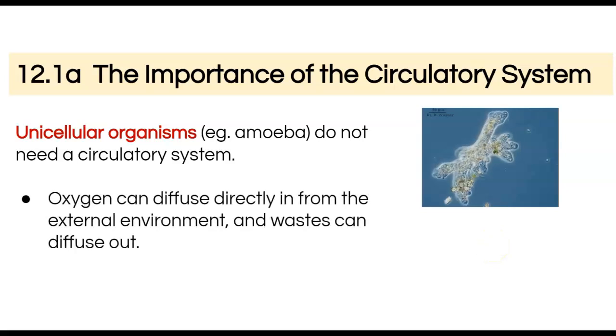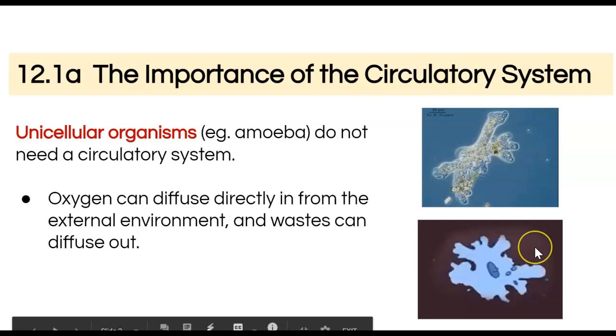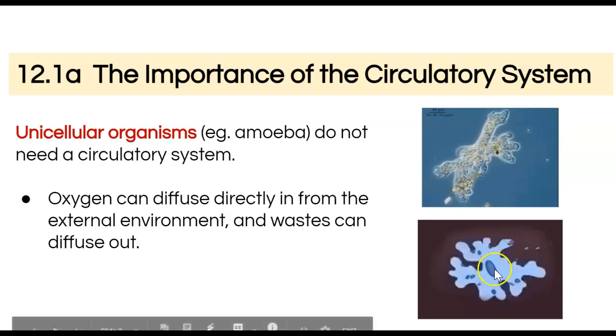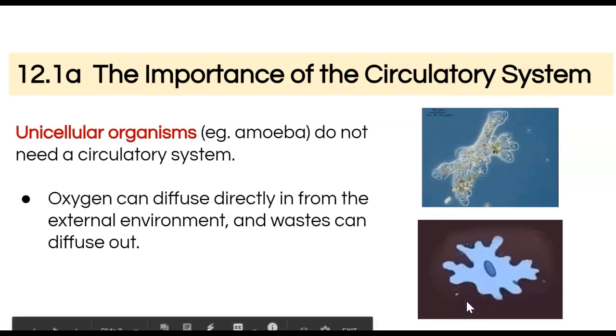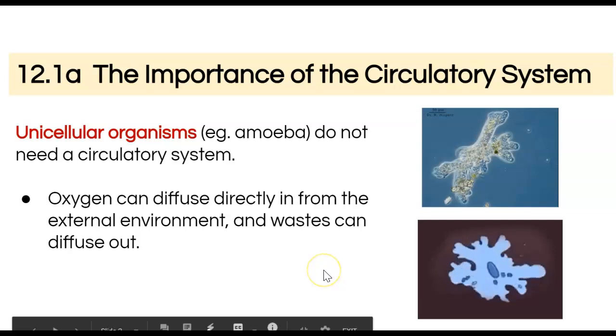So oxygen can diffuse directly from the external environment, and waste can diffuse directly out, right? So, just basically by virtue of the fact that it is so small, it's able to efficiently get enough materials in that it needs to survive and grow and reproduce, and enough materials out so that it can get rid of any wastes.